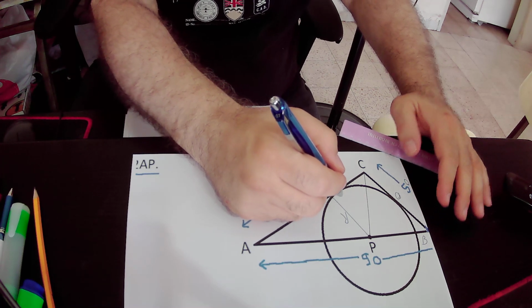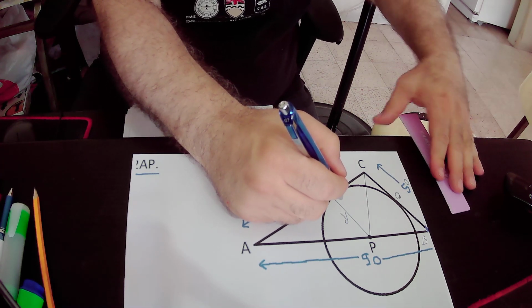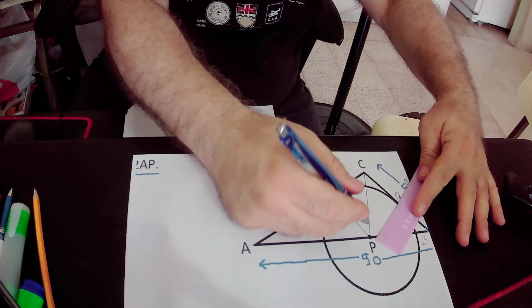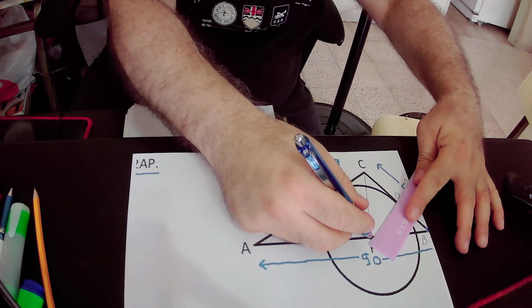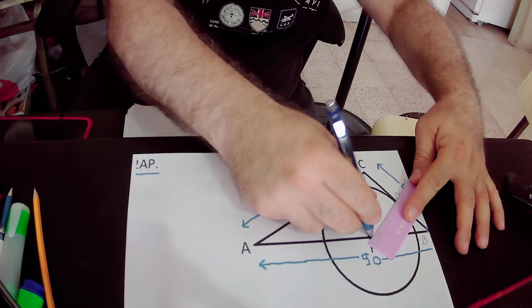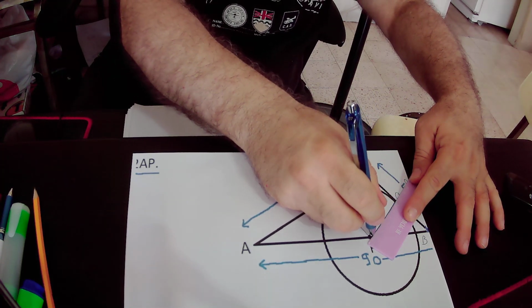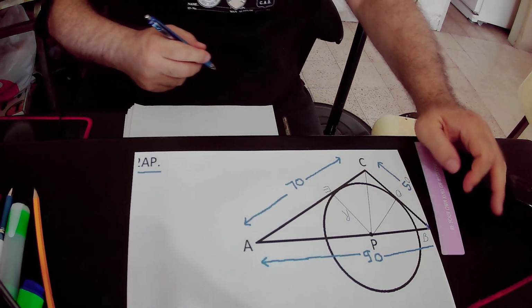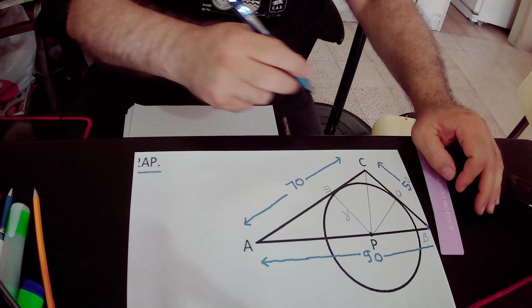In the same way we will connect points P and O by a straight line. And actually PO is also the radius of the circle.